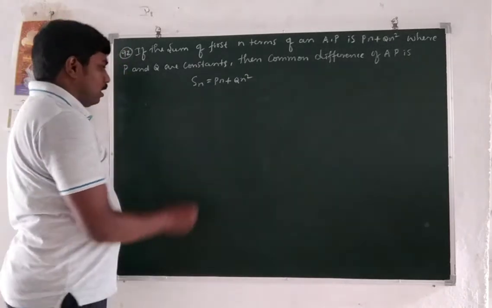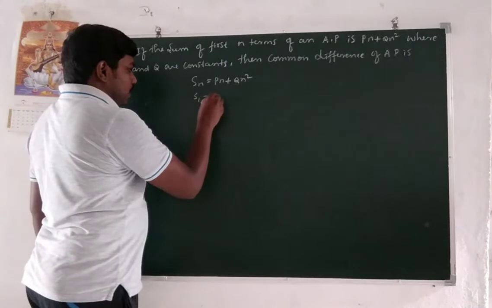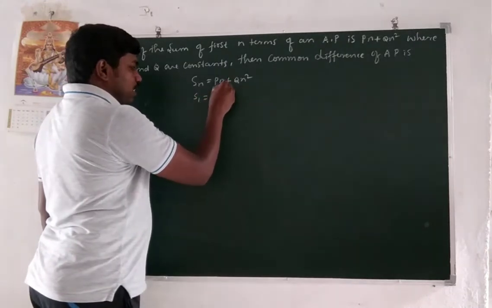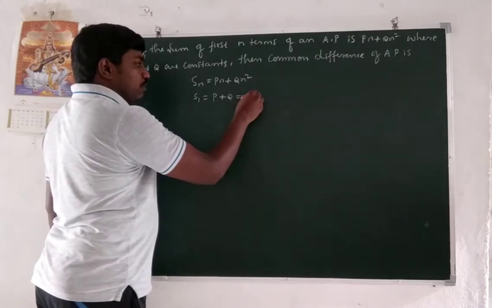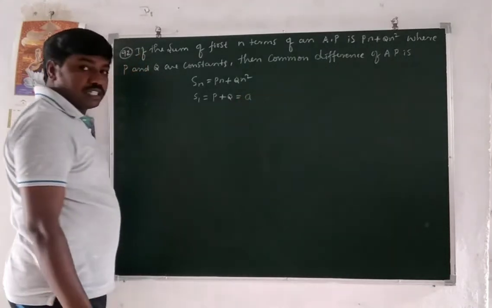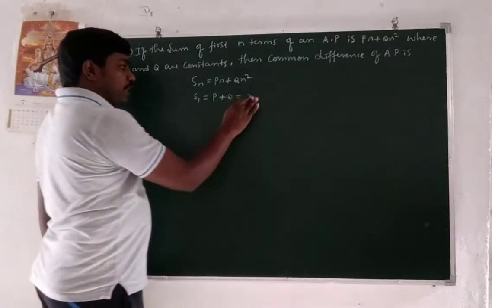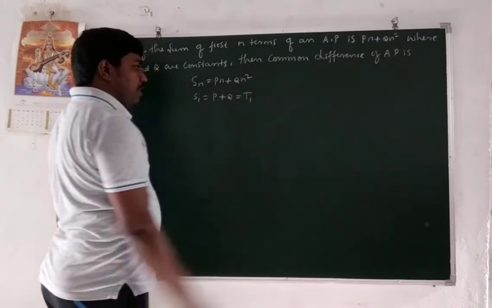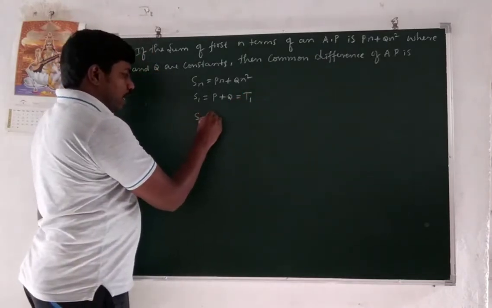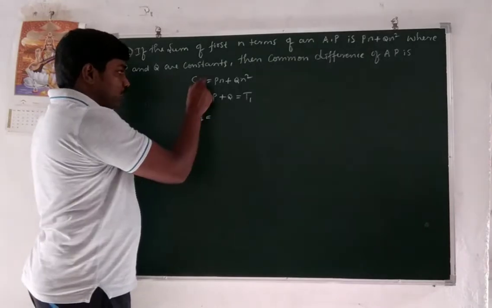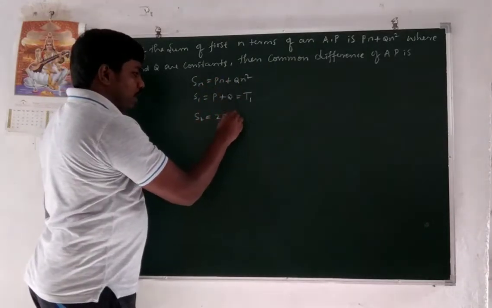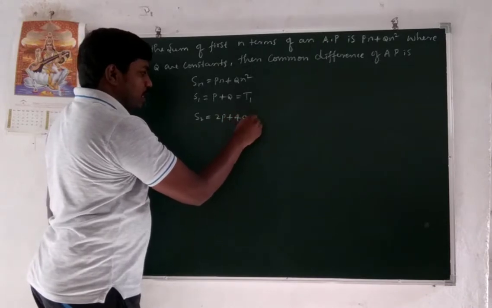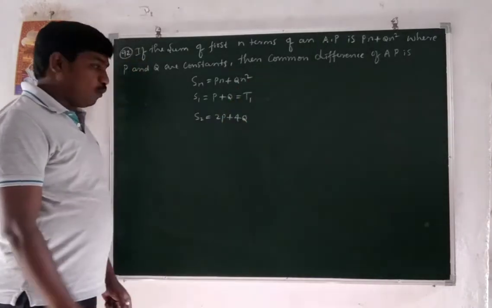S1 means put n equal to 1: P plus Q. This is the first term of the AP, T1. Again calculate S2: put n equal to 2 in the given equation, 2P plus 4Q, because 2 square is 4.